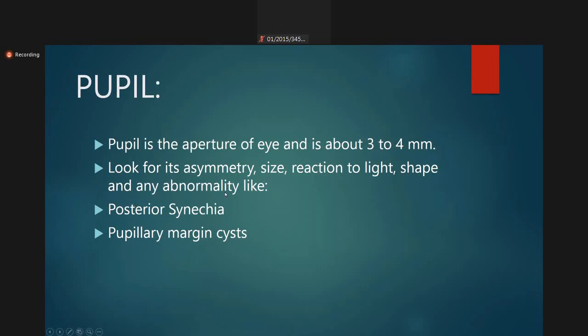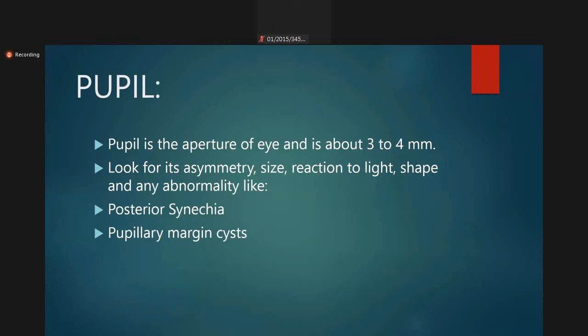And any abnormality like posterior synechia. What is posterior synechia? Adhesion of the iris with the lens is known as posterior synechia. It is usually present in anterior uveitis.